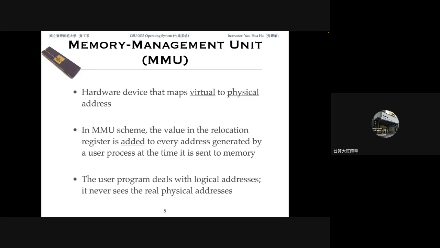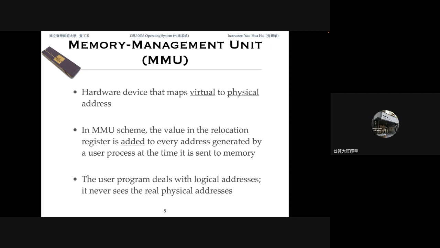Memory management unit. In the MMU, the value of the relocation register is added to every address generated by a process at the time it is sent to memory. When the CPU wants to access some instruction or data in main memory, at the CPU level it refers to a virtual address, or logical address.